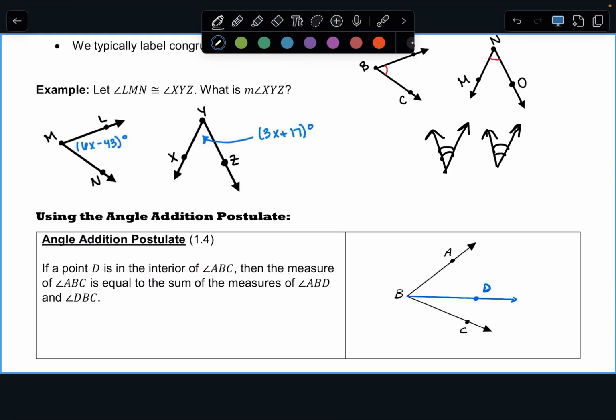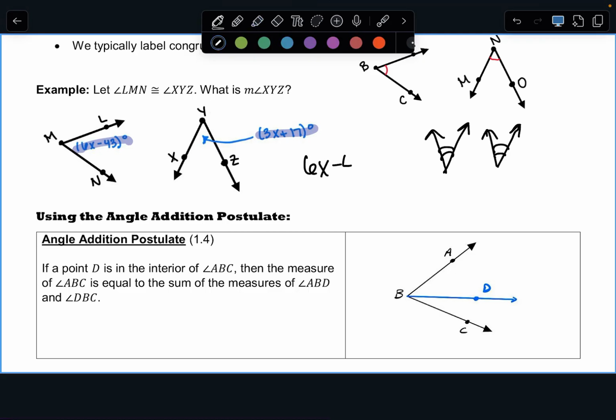It says that these two angles are congruent. How do you think we would find the measure of x, y, z? We set them equal to each other. We have to solve for x first. But these two measures are going to be the same. They're going to be equal.